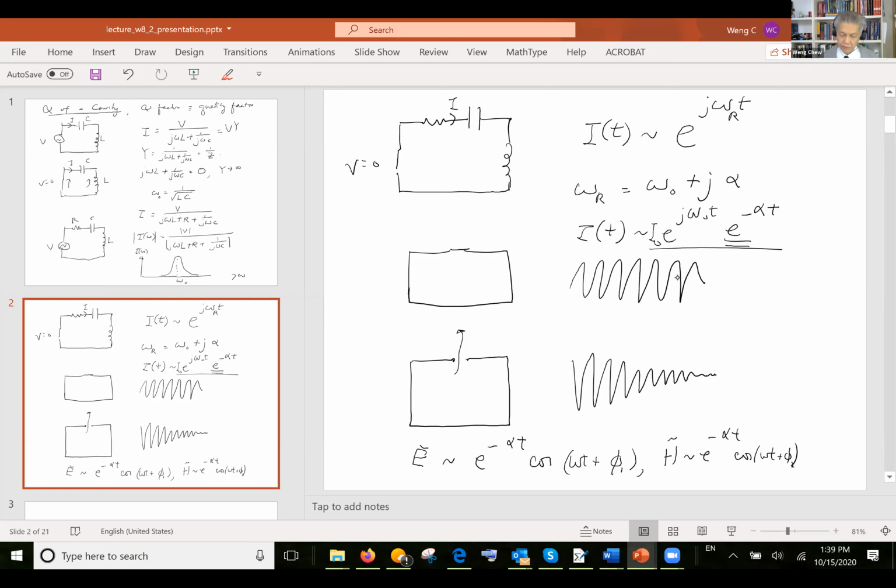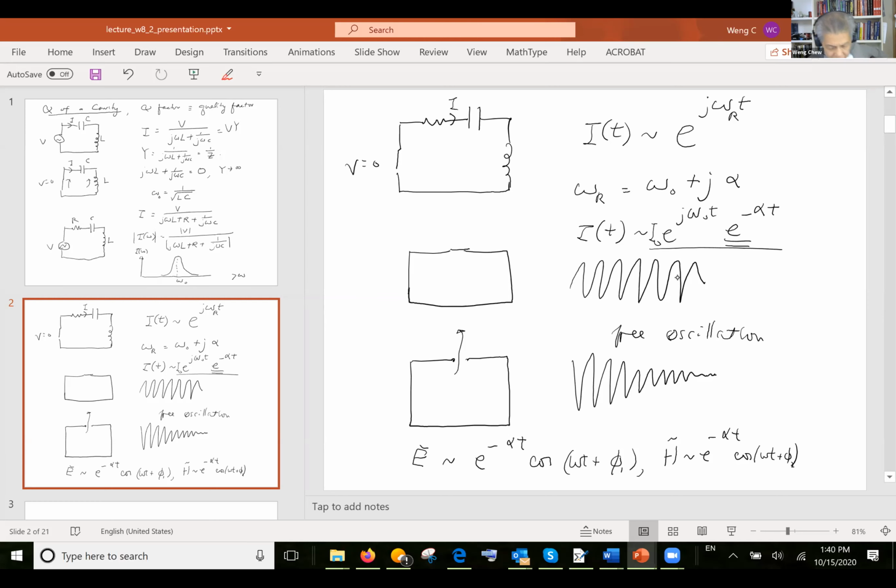Okay, in general, the moral of the story is that any field that you have that is in free oscillation, this is in free oscillation. Okay, just like a swing in the park, if you let the swing just oscillate, it will decay to zero after a certain time.